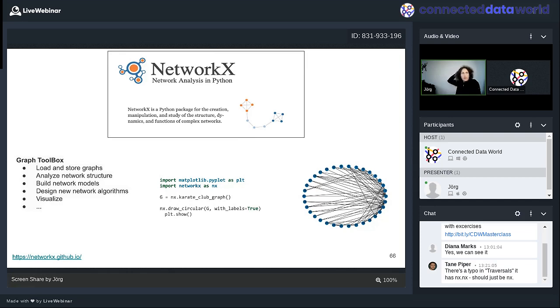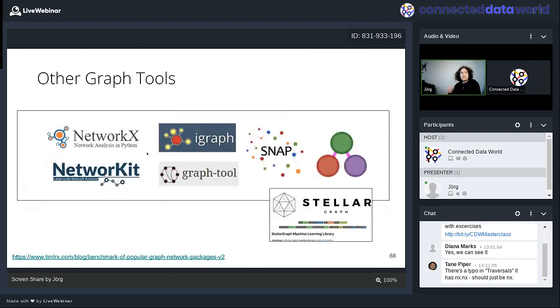It's really great if you want to get a first look at your network and first want to analyze it. Often it's just an exploratory step of playing with a small graph. It's not meant for really large-scale distributed processing, so as soon as your graph gets too large, it's probably not the right tool. But if you have a small sample from your graph, it's a very useful tool.